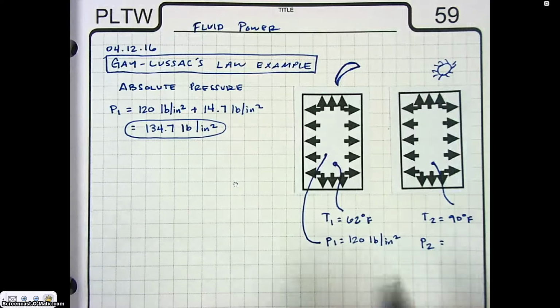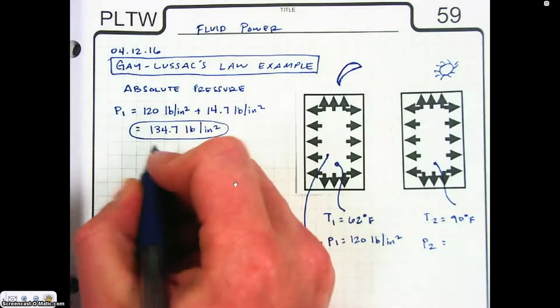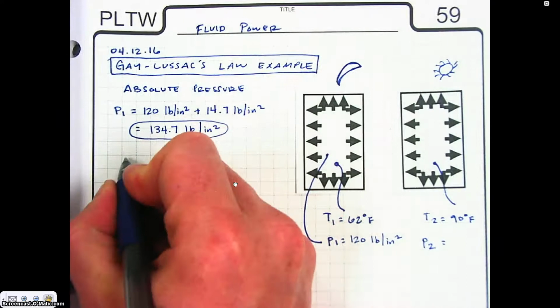Alright, the next thing we're going to have to do is convert our temperatures into absolute temperature, degrees Rankine. So I'll go ahead and write that.